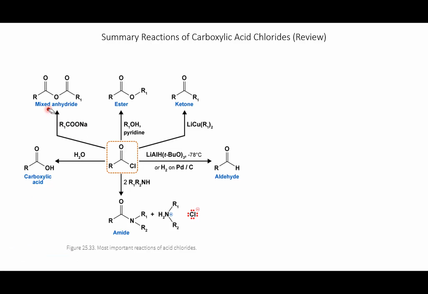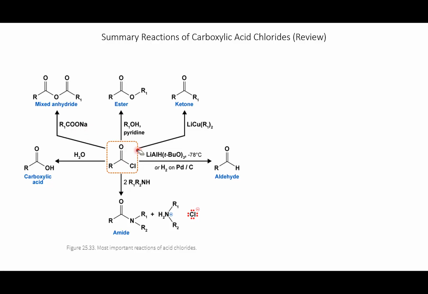The term mixed anhydride means that if I wanted an acid chloride with a methyl group on one side and an ethyl group on the other, I could add the different carboxylate salt with an ethyl group here, so I could form a mixed anhydride. Now, typically we don't use those. We typically have the R groups being the same. So we would just react our acid chloride with carboxylate, which is the best way to do it.